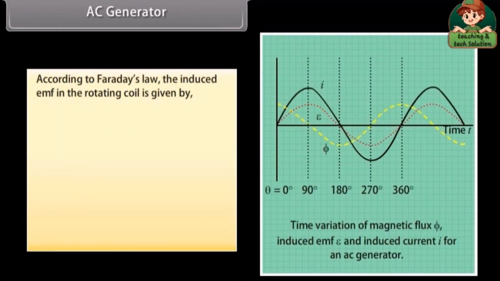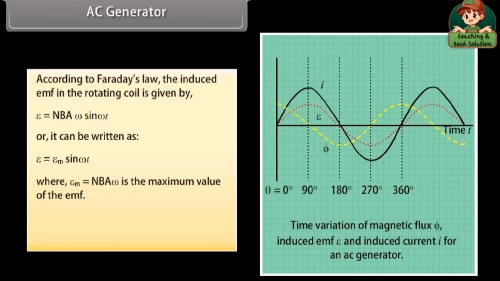According to Faraday's law, the induced EMF in the rotating coil is given by NBA omega sine omega t, or it can be written as E is equal to EM sine omega t, where EM is equal to NBA omega, the maximum value of the EMF. The induced EMF varies sinusoidally with time.